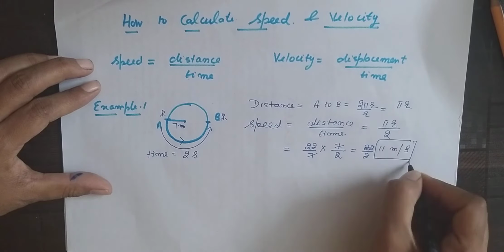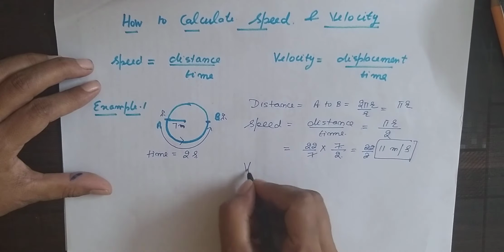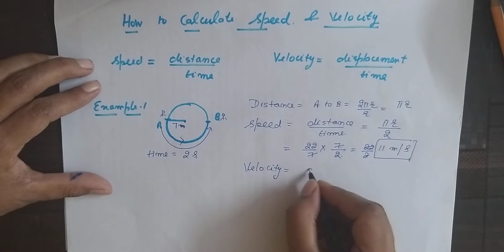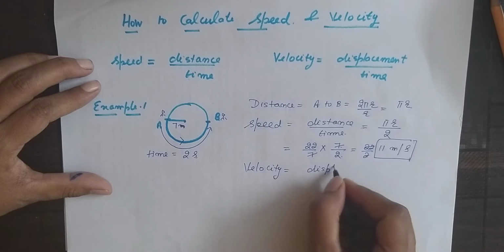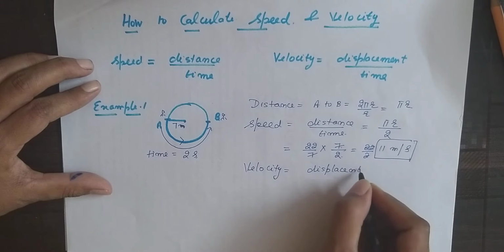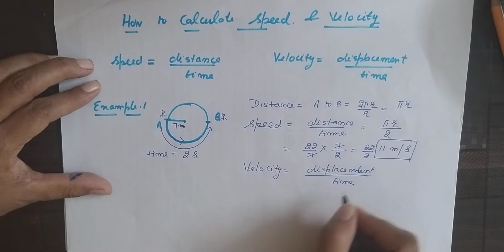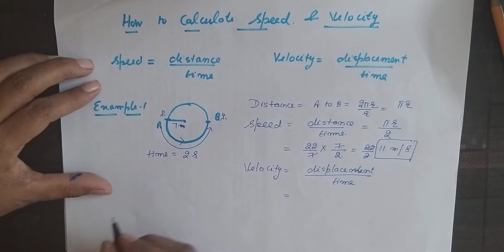So here speed is 11 meter per second, and if I want to calculate the velocity in this case, first write down the formula for that. What is the formula? Displacement upon time is known as velocity. So what is the displacement here?